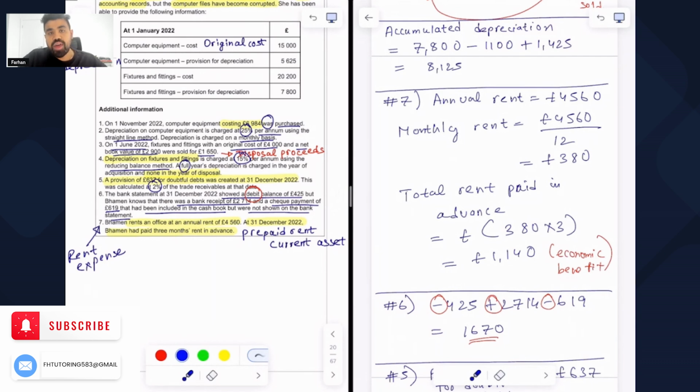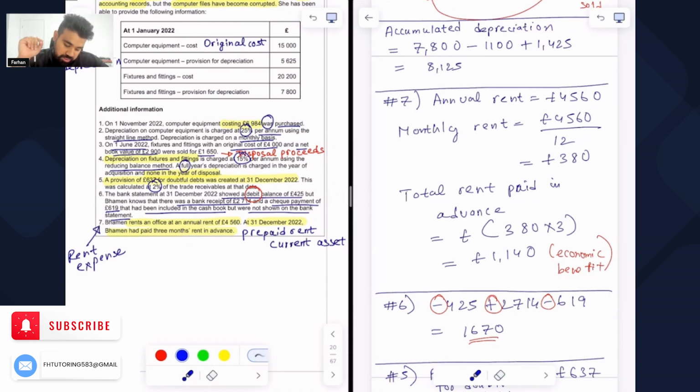Since we're preparing the books at 31 December 2022, this amount hasn't been utilized by Vaughn, and Vaughn has some economic benefits attached with it, and we can classify this as a current asset. On the other hand, the landlord would have received this rent in advance, and from the landlord's perspective, this would be an obligation to fulfill the duty by allowing Vaughn to rent out the space in the next 3 months.